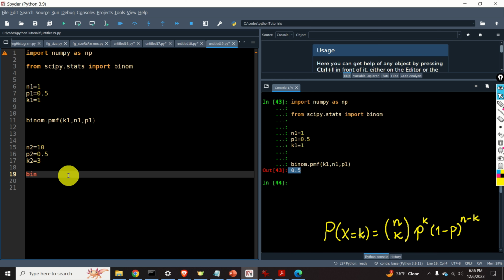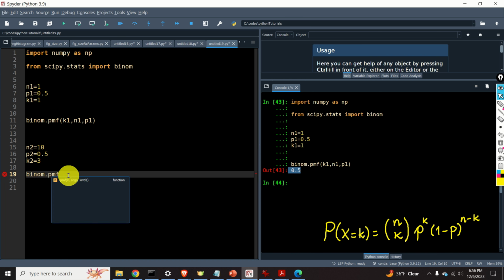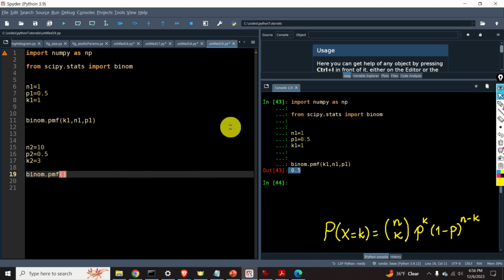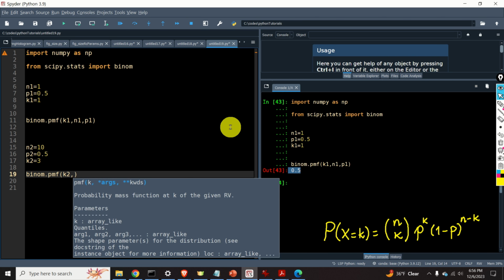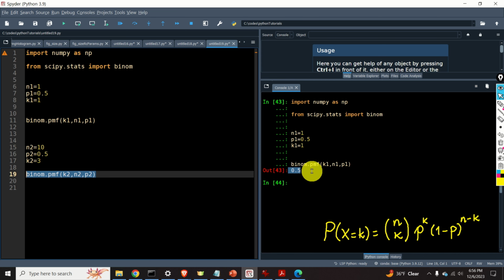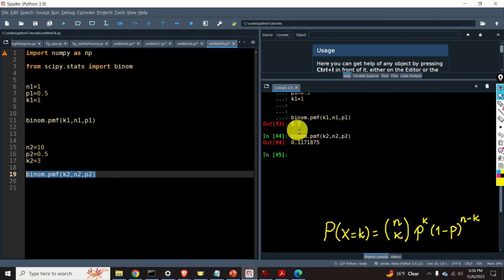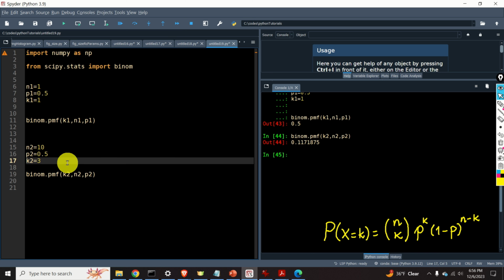Again, we type binom.pmf and we specify the parameters K2, N2, P2. And let's see the probability. Wow, here's the probability. It's around 12%. It's very unlikely that we will obtain 3 heads in 10 consecutive tosses of a coin. The chance is only 12%, as you can see over here.